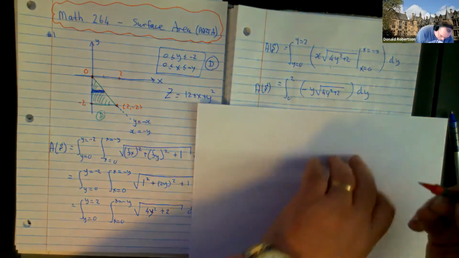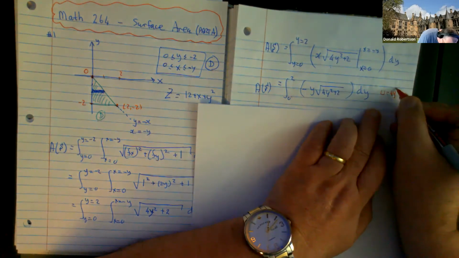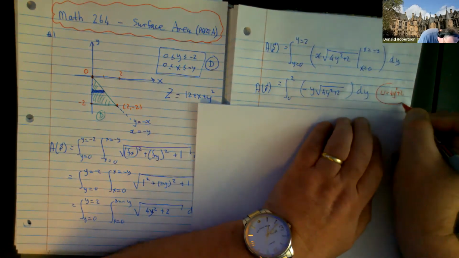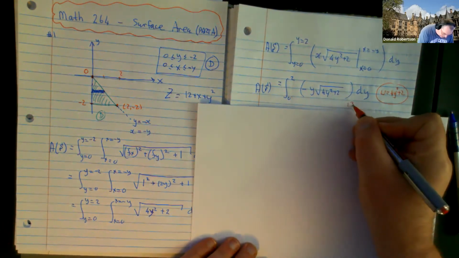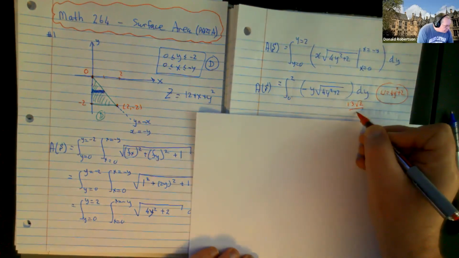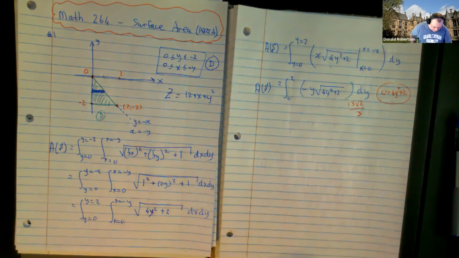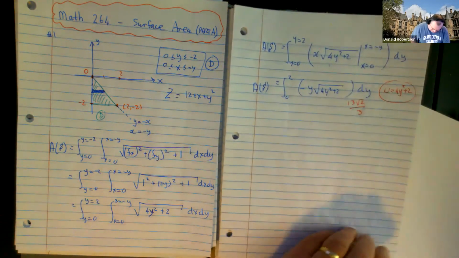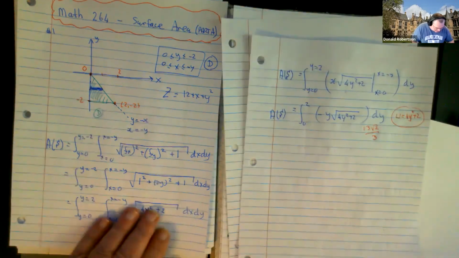At this point, I think I can stop, because the u sub 4y squared plus 2 will take you to the end. And if you do it correctly, your final result will be 13 root 2 over 3. And that's what they tell me. So hopefully that helps fix question 1. And we are done.